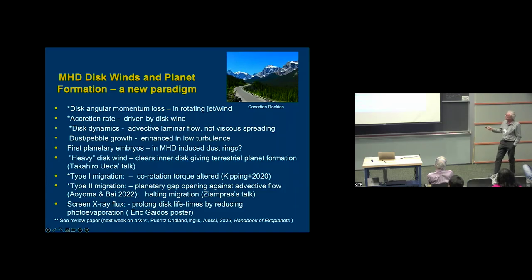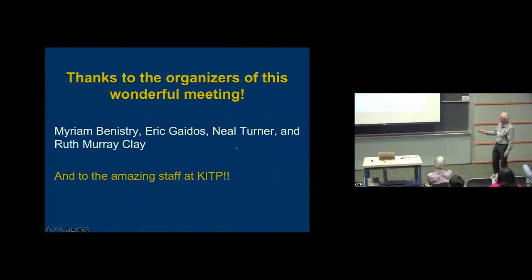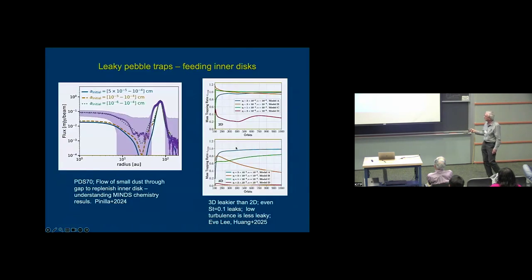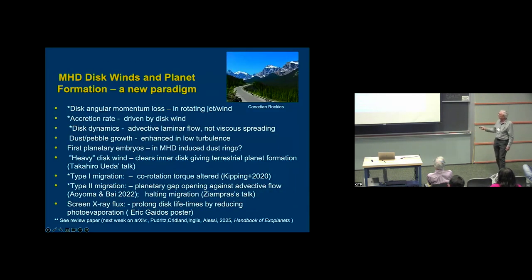The first planetary embryos, maybe, this is the big question mark for me, do they like to occur in these MHD-produced rings? Heavy disk winds, as we've learned from Takehiro Udeda's talk, that could clear the inner part, making the way for just pure terrestrial planet formation early. Type 1 migration, that co-rotation is altered by magnetic torques.